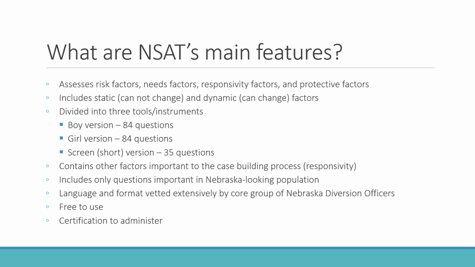The screen or screener, short version, 35 questions. Contains other factors important to case building process. Responsivity. Includes only questions important in the Nebraska-looking population. Language and format vetted extensively by a core group of Nebraska diversion officers. It's free to use with certification to administer.